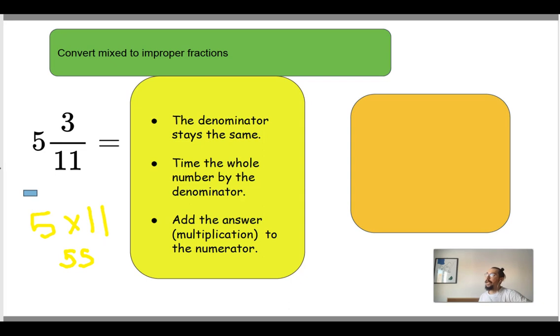And then you're just going to add 3. There you go. So you have 55 here, and you're adding 3. So this becomes 58.